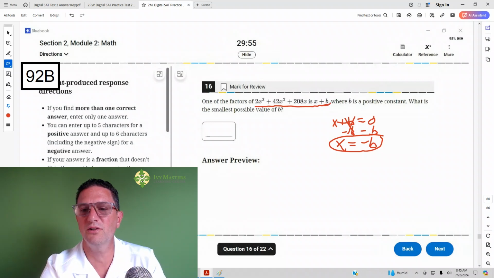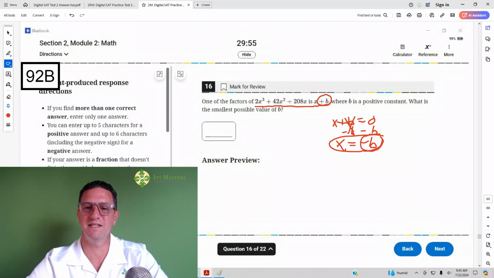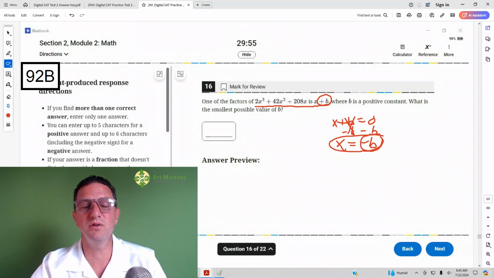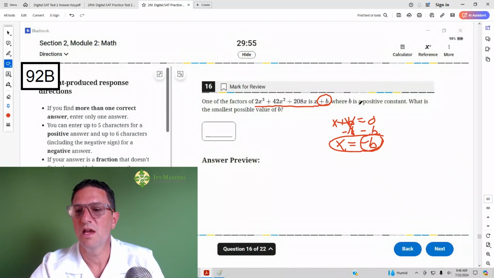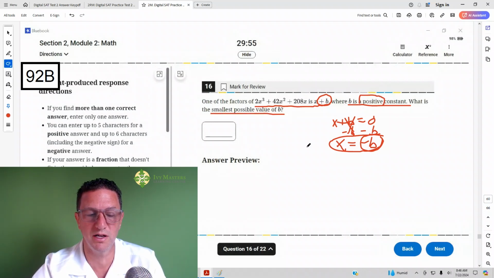The factor, notice it's plus b, this is minus b. So it's going to be opposite. So the easiest way to do this is just plug it into Desmos, see what your solutions are, and then take their opposite. Keep in mind that b is a positive constant. That's important. And we need the smallest possible value of b, so the smallest possible positive constant.